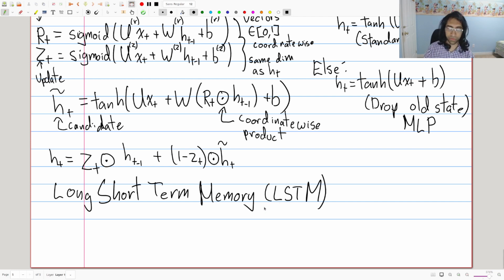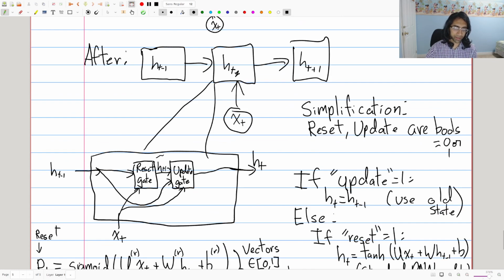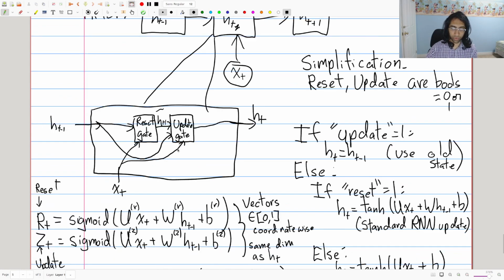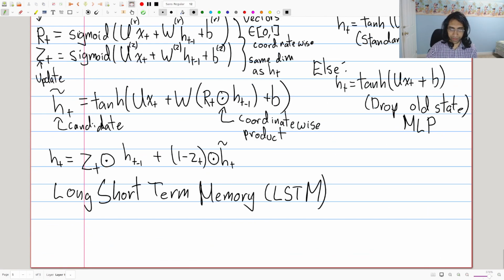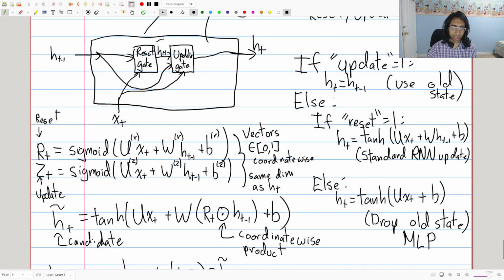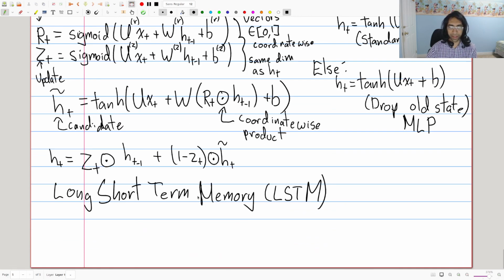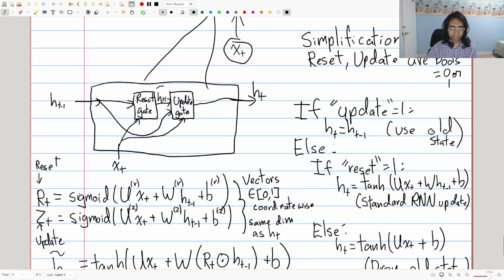It came from maybe 20 years earlier. It has very similar ideas, except it's more complicated. GRUs have 2 gates, whereas LSTMs have 4 gates, and they have 2 outputs. They have not only a state, they also have something they call, I think, a memory.